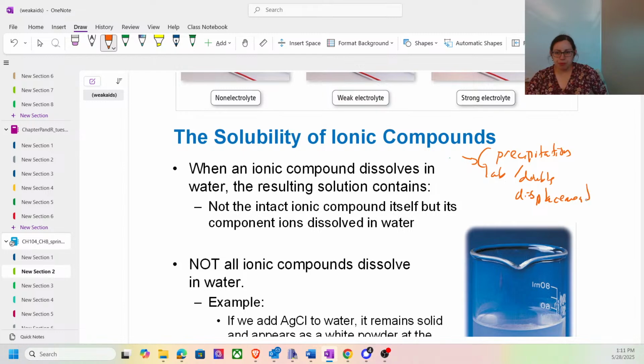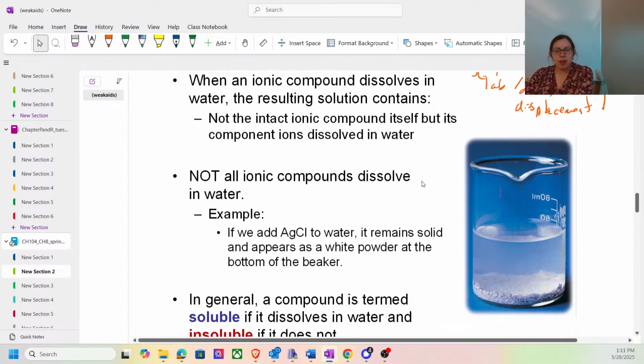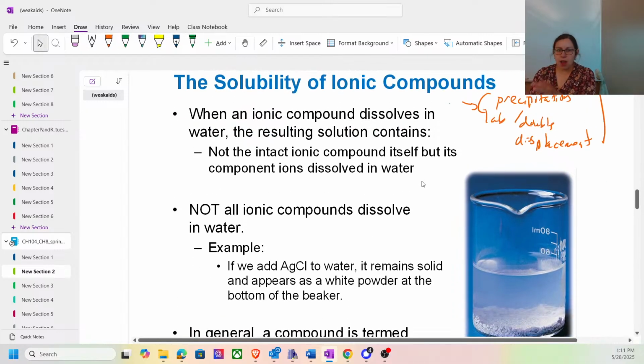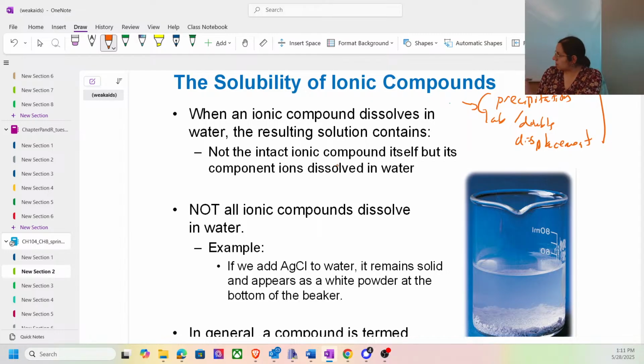We kind of have to just accept some of these rules essentially. We gave the why, but we're not delving into each one in depth. And obviously we mentioned that we have to overcome those solute-solute interactions.